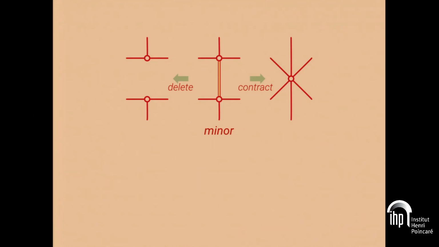And the key tool that we used is something that graph theorists refer to as taking the minor of a graph. So a minor of a graph is anything you can get to by either deleting edges or contracting edges. Well, I'm doing everything through a medial lens, so what happens when I look at the medial graph of a graph and the medial graph of its minors?